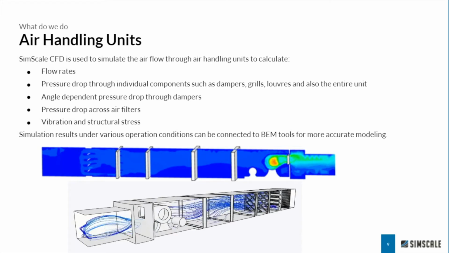So we can use these insights to change the design of the overall dimensioning of the ducting, for example. We can place, for example, vanes in there to direct the flow more uniformly. And additionally, we can assess the actual cooling performance that we get with this combination.